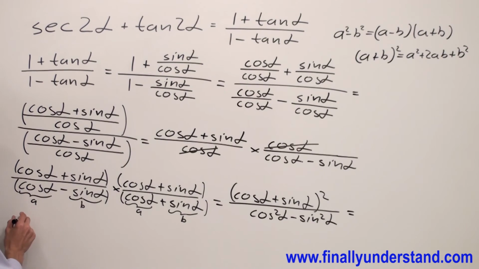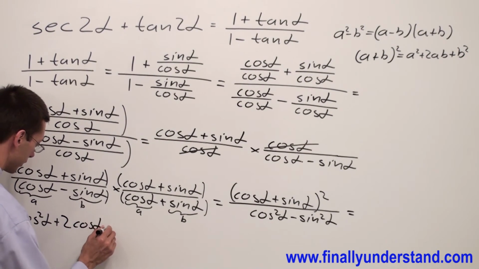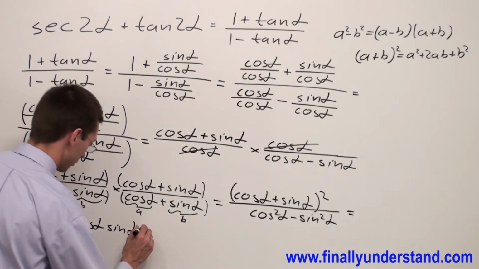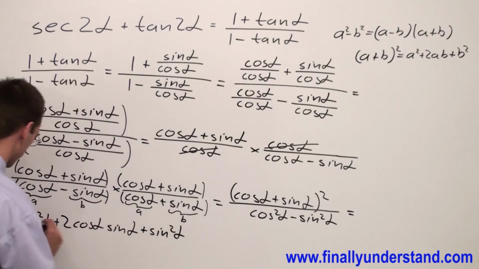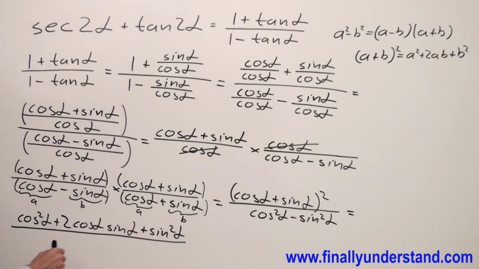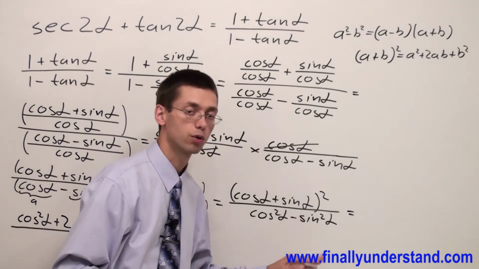So I have cosine square alpha plus 2 cosine alpha times sine alpha plus sine square alpha over cosine square alpha minus sine square alpha.